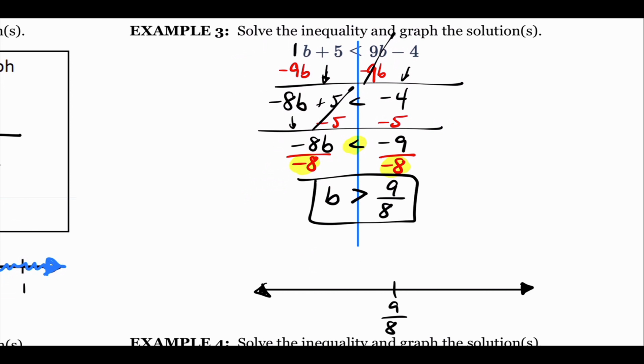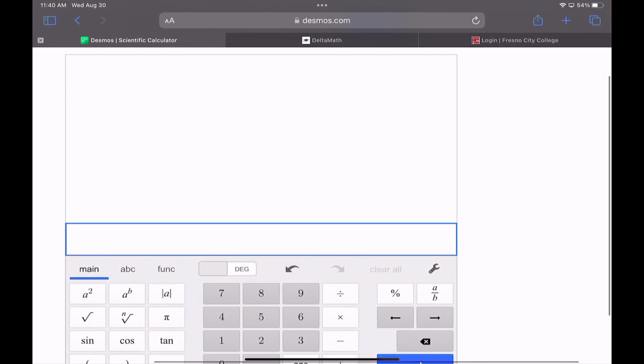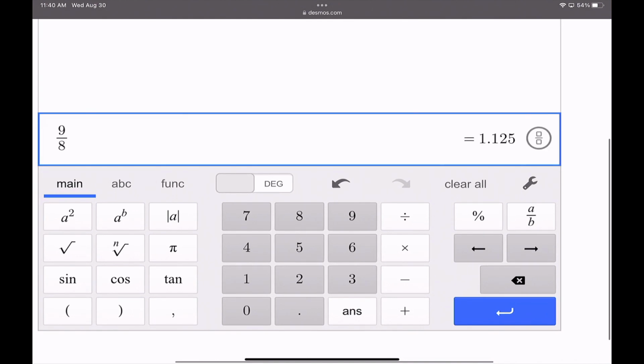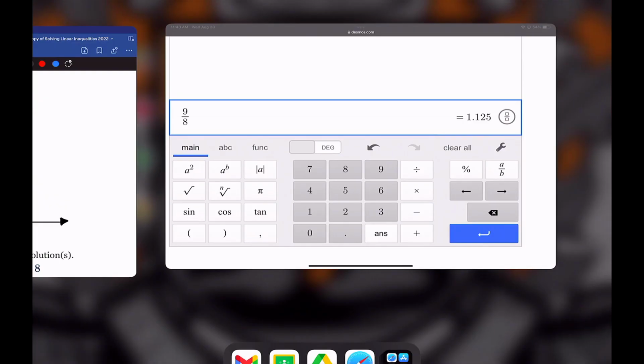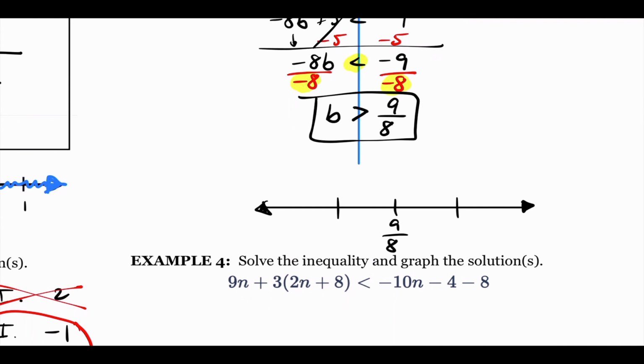If you don't know it, just use a calculator. 9 divided by 8 is 1.125. Which two whole numbers is that between? 1 and 2, right? 1 is smaller, 2 is bigger. So that's what I'm going to do on my number line. 1 and 2.